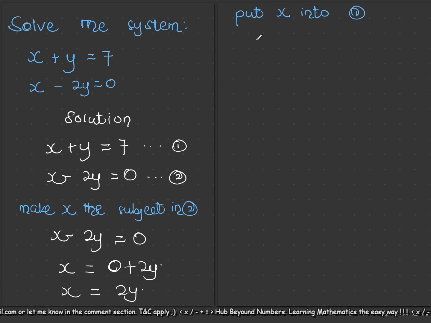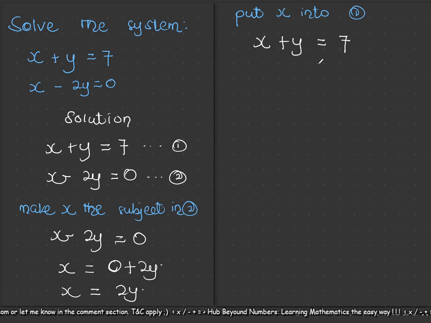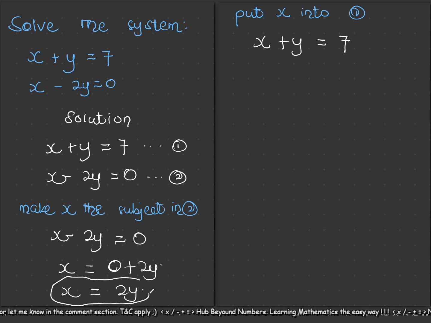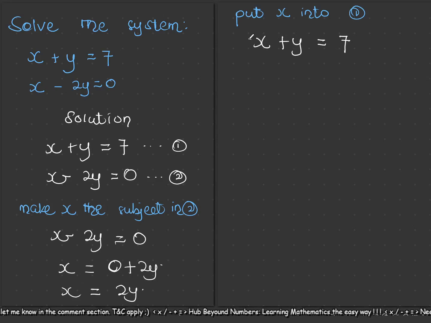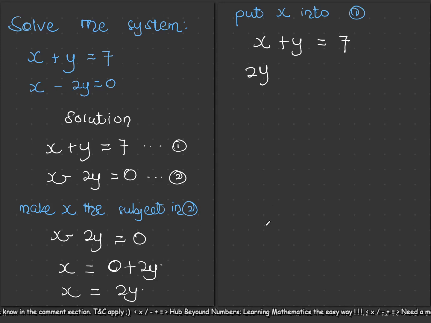Our equation 1 was actually x plus y is equal to 7. So we are no more going to write this x over here, but rather we are putting x, whose value is 2y. Instead of the x, I'm going to write 2y. Its value is 2y.